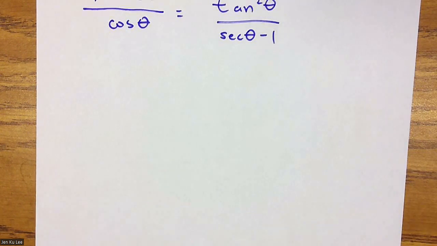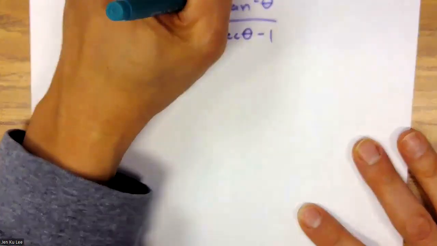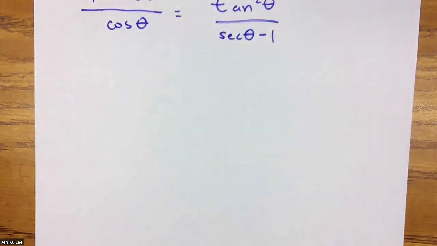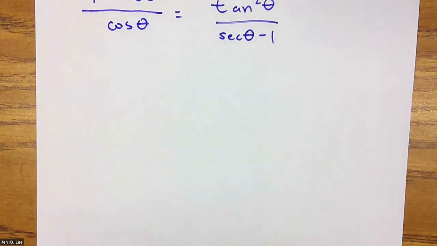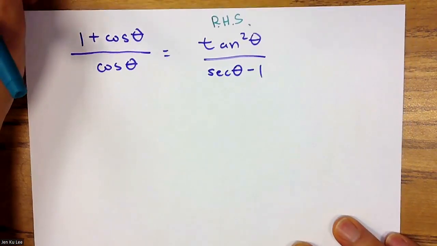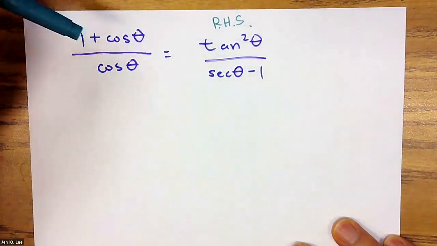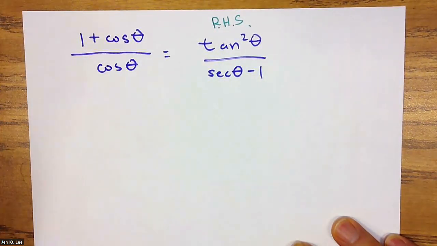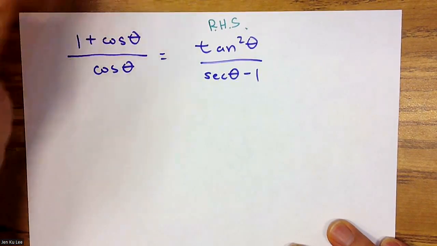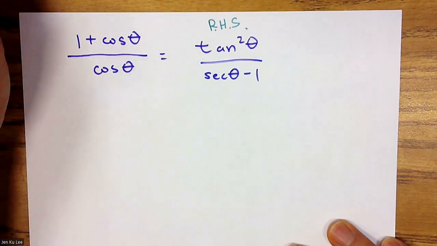So like what Alex said, the right hand side, I'm going to try and make the right hand side look like the left hand side. Okay, and you guys can just drop your pencils and look up and just follow. I want to turn everything into sine and cosine.